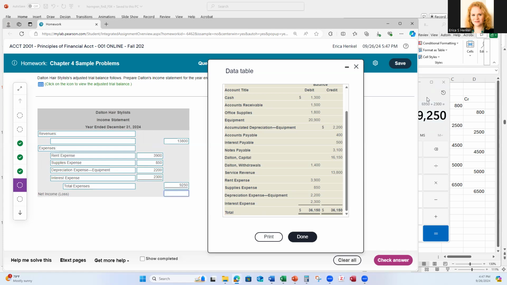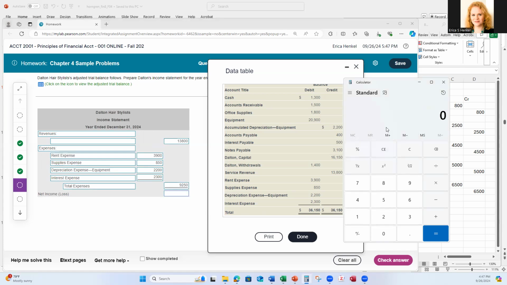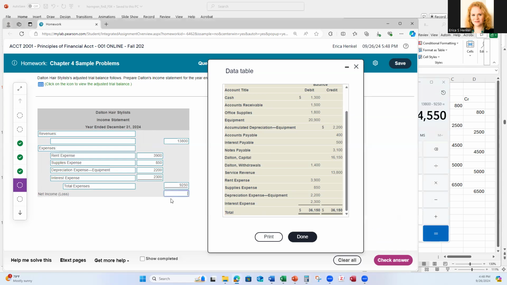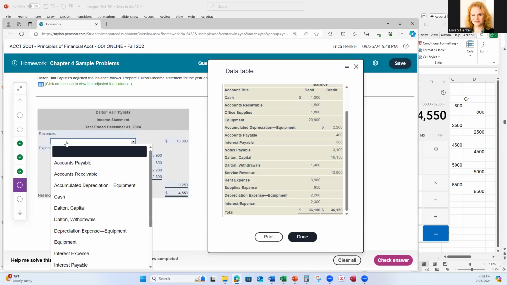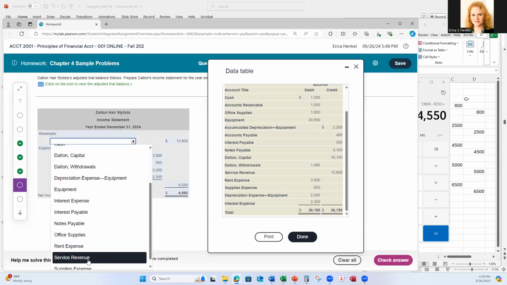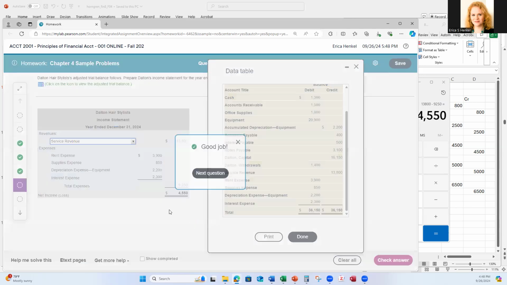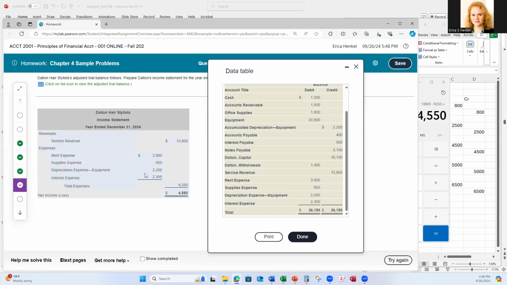So then we're just going to take our revenue minus our expense. So 4,550. Oops. Oh, I forgot to put the name of my revenues here. So service revenue. There we go. All right, so that's a review of the income statement there.